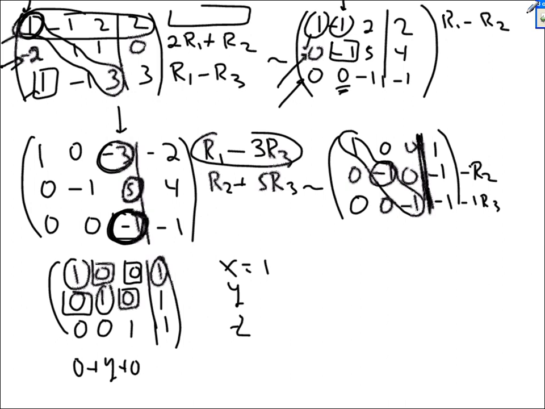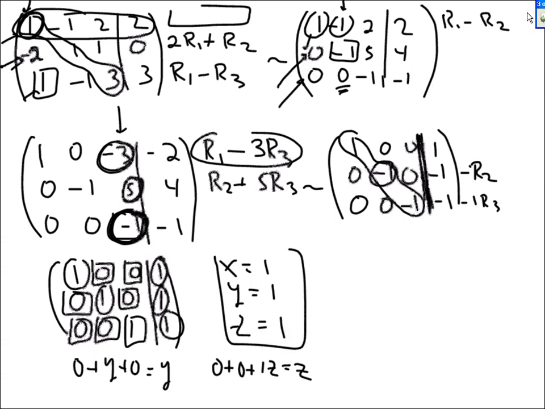When you add those, you get y equals 1. 0x is 0, plus 0y is 0, plus 1z is z. And this equals 1. So there's the answer. X, y, and z, they all three equal 1. It's a coincidence. Okay, let's try one more.